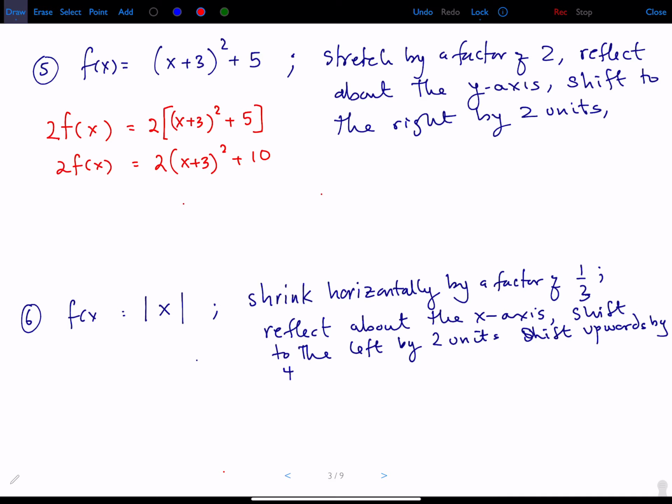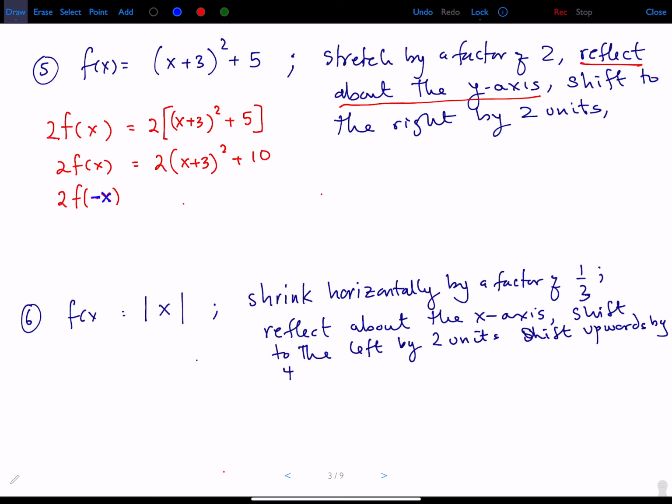And then I want to reflect about the y-axis. So this, if you look at the cheat sheet, says that all the x in the function becomes minus x. So I'm going to take 2, and my new input is now negative x. So wherever I see an x in my function, I'm going to replace it with what?